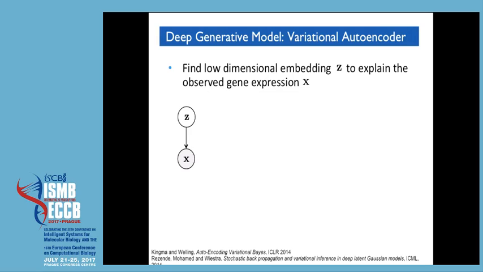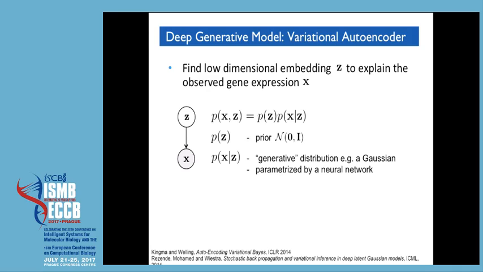In its simplest form, it's just a probabilistic latent model where the joint is factorized into the prior over the latent representation, and then we have the conditional over the observed data. The prior is usually a zero mean, identity covariance Gaussian, while the posterior is a Gaussian distribution.